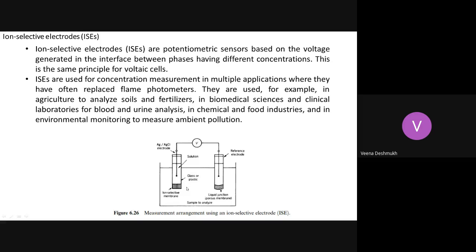The calibration under such cases is done in such a way that for this particular concentration, this is the reference voltage which is going to be produced. Anything above is going to give you a certain amount of concentration, and anything below is going to give you a certain amount of concentration. So to check that, this sensor can be used.